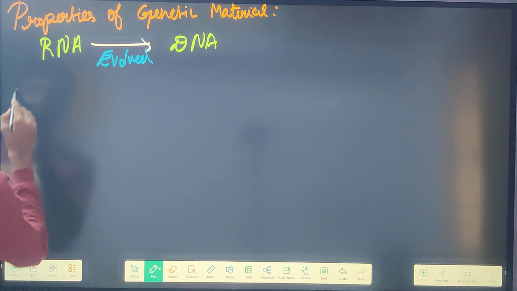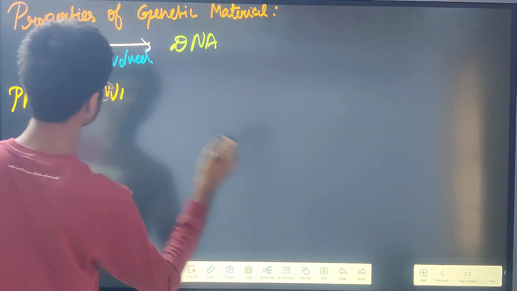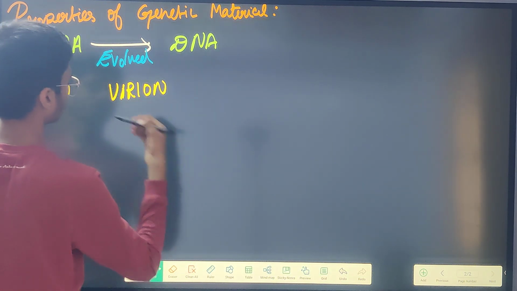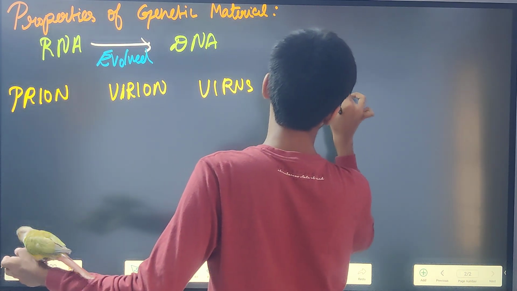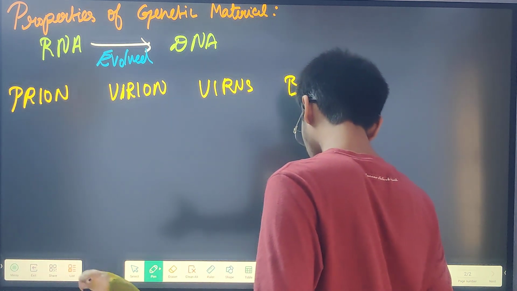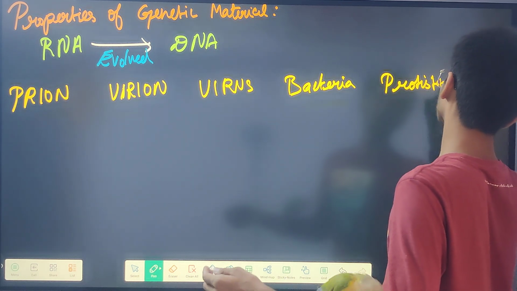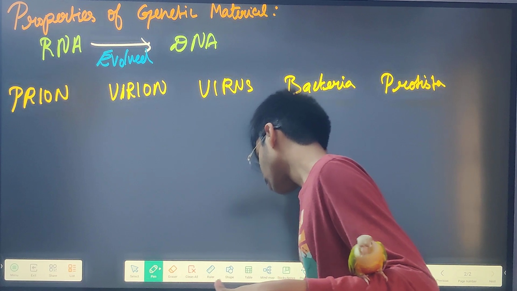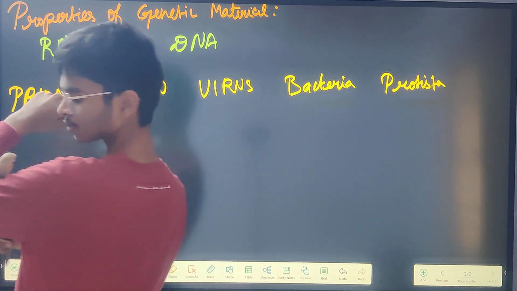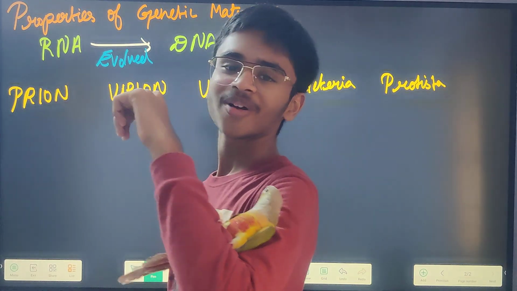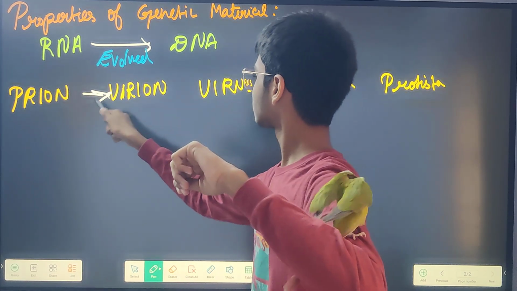First was prion, next is virion, then virus, then bacteria, then protista, and like that we all originated. So it all got transformed.